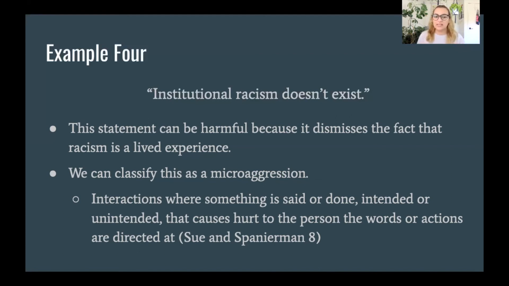We can classify this statement as a microaggression, which is defined as interactions where something is said or done, intended or unintended, that causes hurt to the person the words or actions are directed at. So, again, similar to implicit bias, someone may not mean to cause hurt, but by saying a statement like this and not understanding the full scope of what institutional racism is, they can really cause harm to certain individuals.